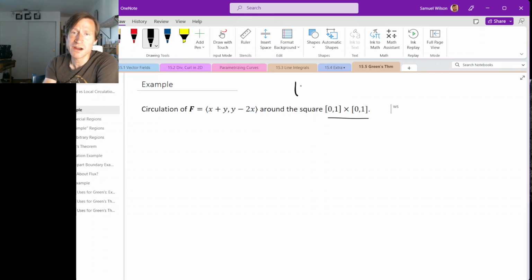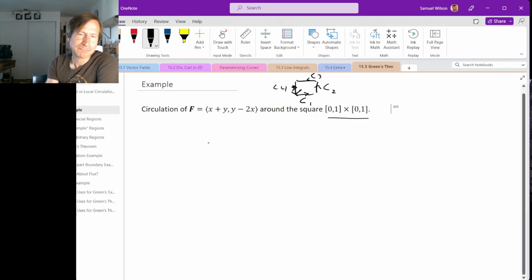Okay, this square has four sides. To go around this square counterclockwise, we have to go like this. So we're going to have to do four line integrals to find the circulation around the boundary, but none of them is very difficult. Let's name these curves C1, C2, C3, C4, and calculate these line integrals.